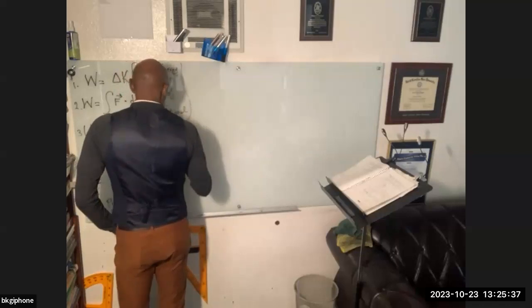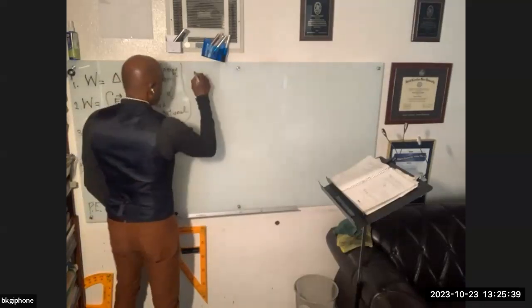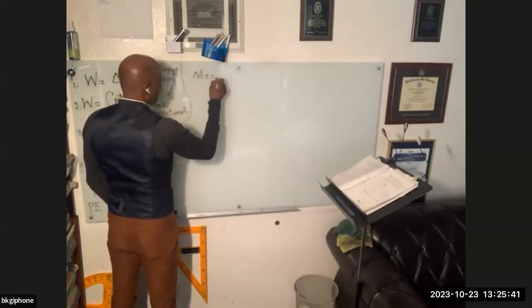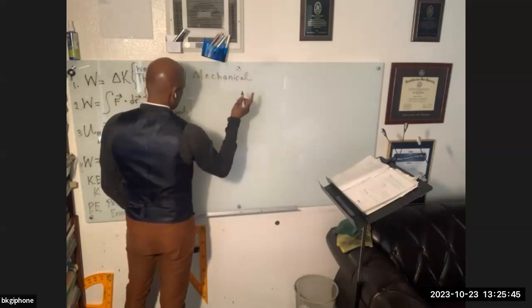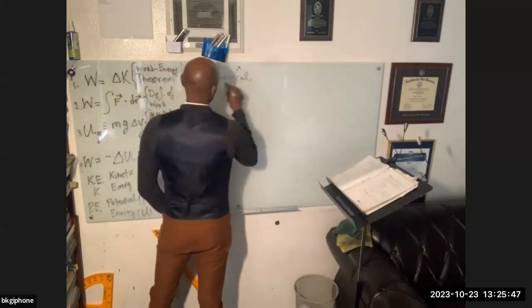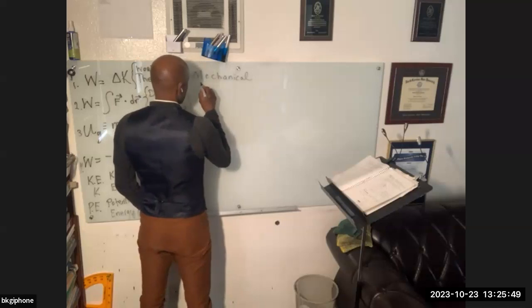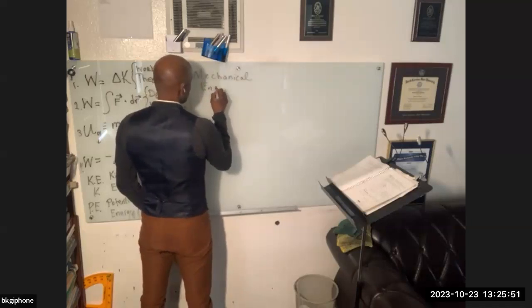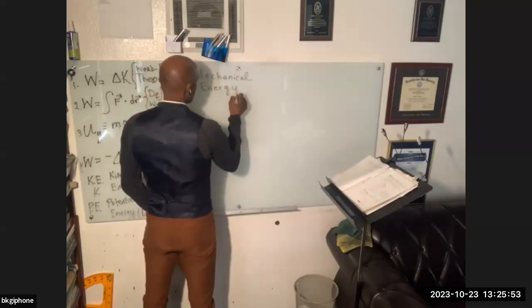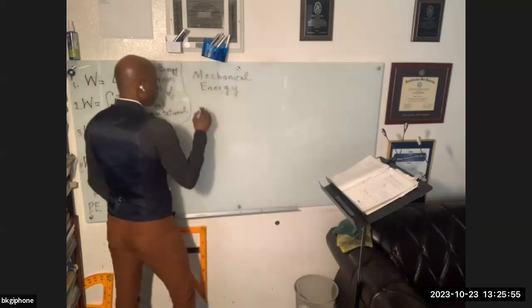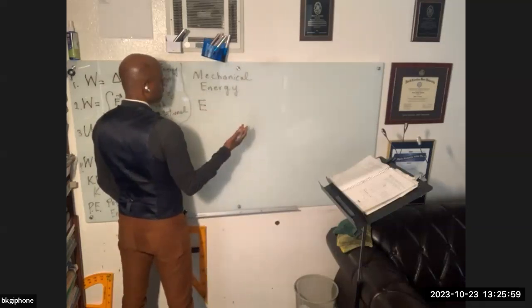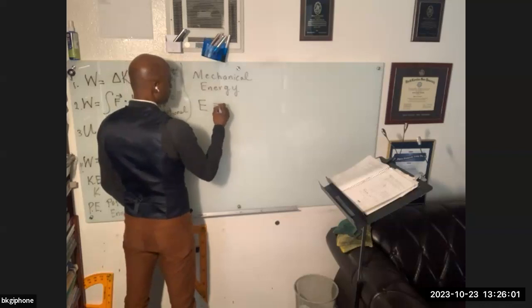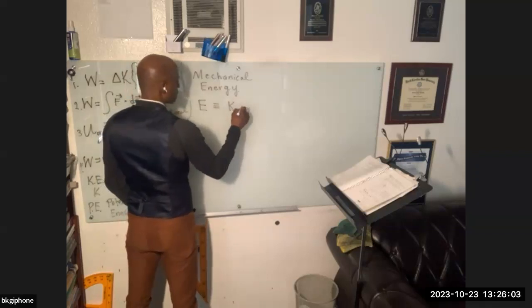Also, I mentioned it the other day, but I don't think I wrote it down, and I've been mentioning it the whole time. Mechanical energy, that's a thing. It's not just an adjective, it's actually a proper name. Mechanical energy is defined as the sum of kinetic and potential of any system. So E is the total mechanical energy of a system, which is defined to be the kinetic plus the potential.